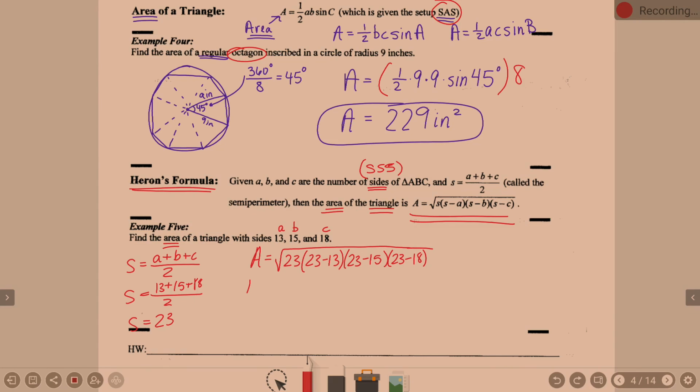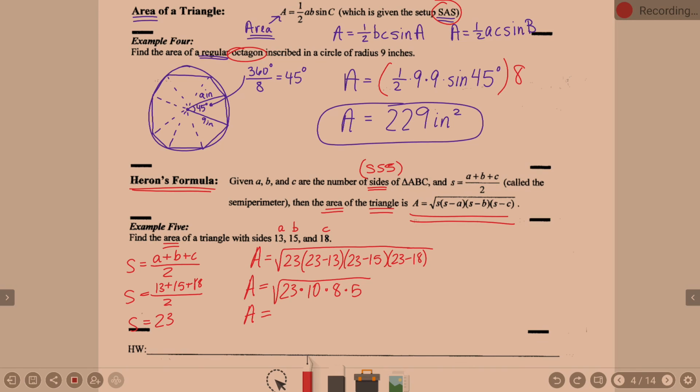Plug it all in your calculator or do a little basic math before that. If I clean this up a little bit, it's 23 times 10 times 8 times 5 under the square root. Not that you even have to do that. Square root of all those numbers multiplied together is?